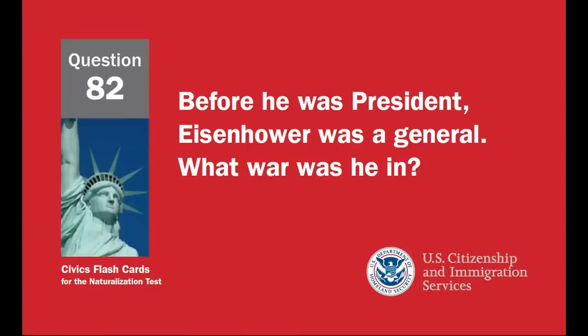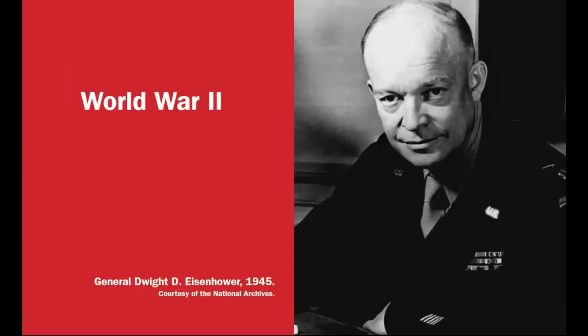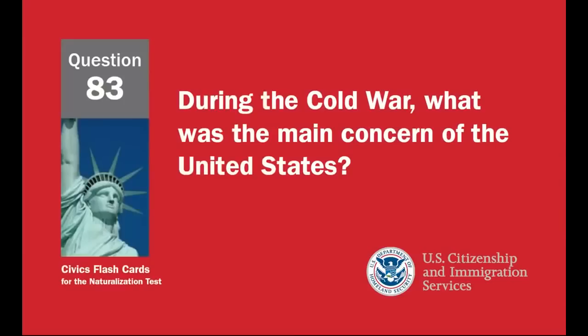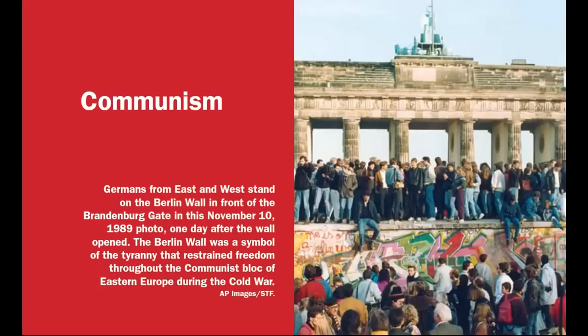Before he was president, Eisenhower was a general. What war was he in? World War II. During the Cold War, what was the main concern of the United States? Communism.